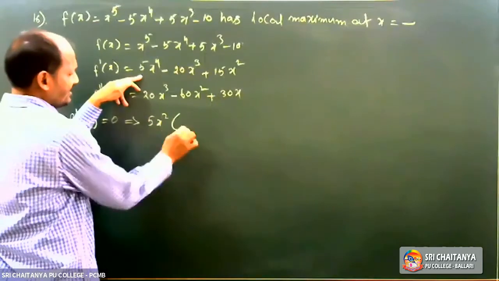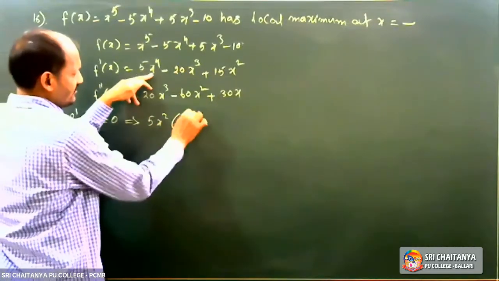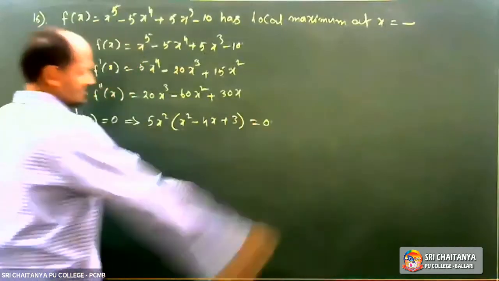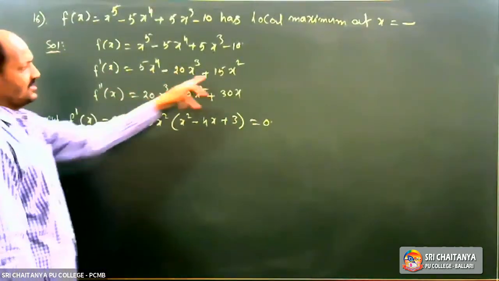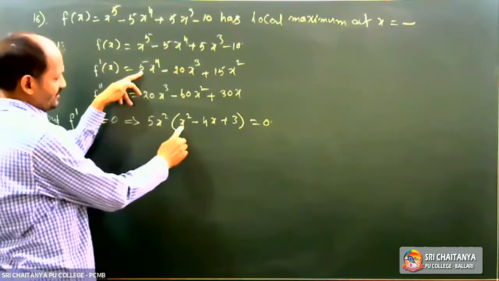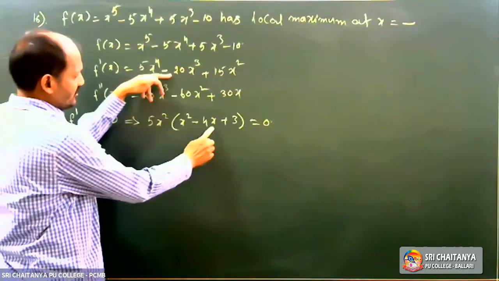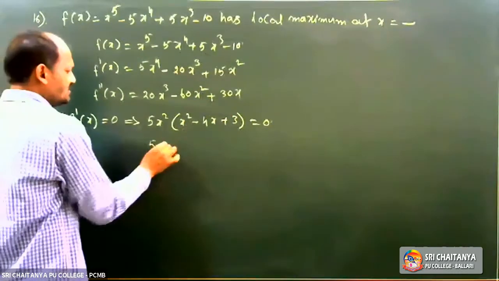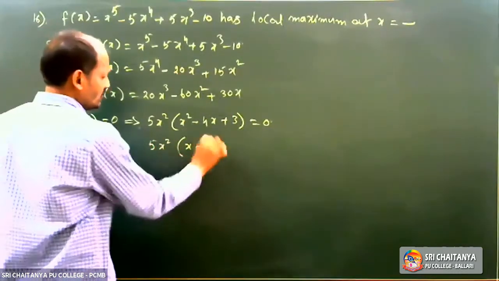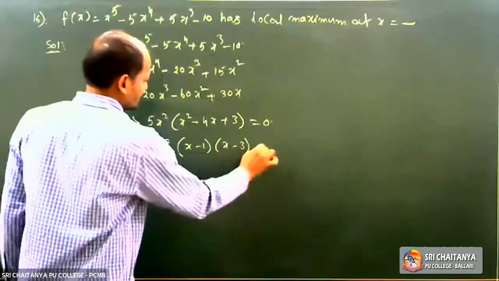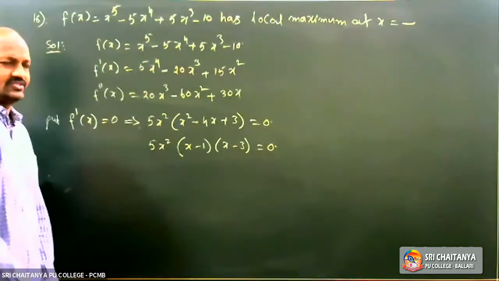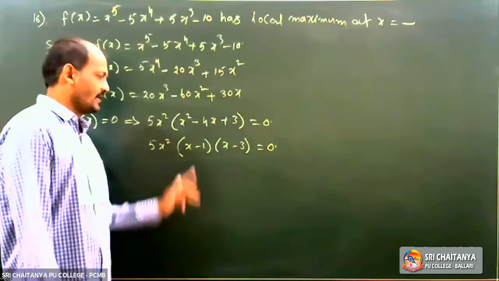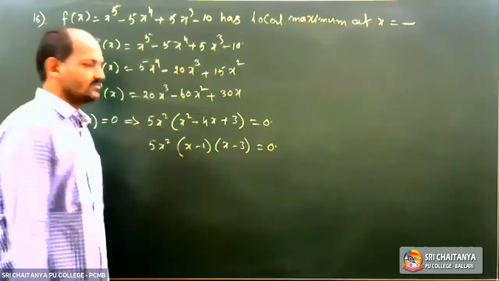The first order derivative is 5x power 4 minus 20x cube plus 15x square, which is 5x square into x square minus 4x plus 3 equal to 0. That is 5x square into x minus 1 into x minus 3 equal to 0, since x square minus 4x plus 3 is x minus 1 into x minus 3.